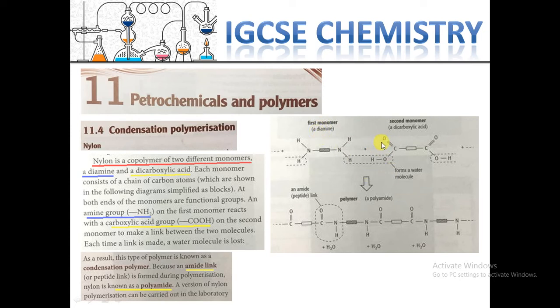So the reaction happens between an amine group on one side of the first monomer and a carboxylic group from the second monomer. The important part is removing one hydrogen from the amine group and one OH, the hydroxyl group, from the carboxylic group of the other monomer.